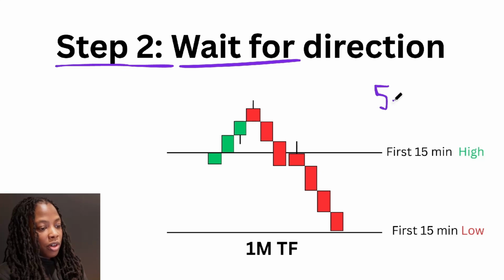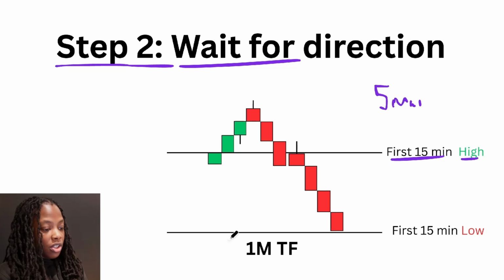So if the move fails while you are waiting for direction, what that looks like is, while you're waiting for that 5-minute candle to close above the first 15-minute candle high, now I'm showing this on the 1-minute time frame so that you can see it and visualize it. You see buyers stepping in, but then sellers come in and push price down.